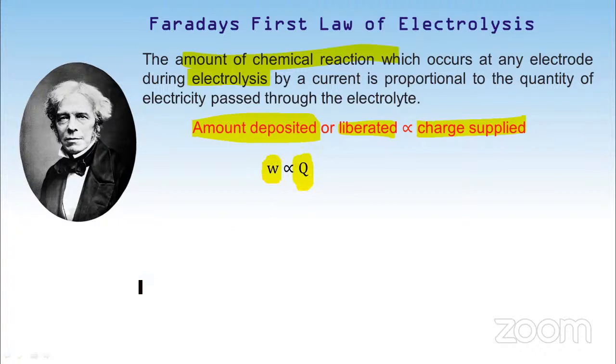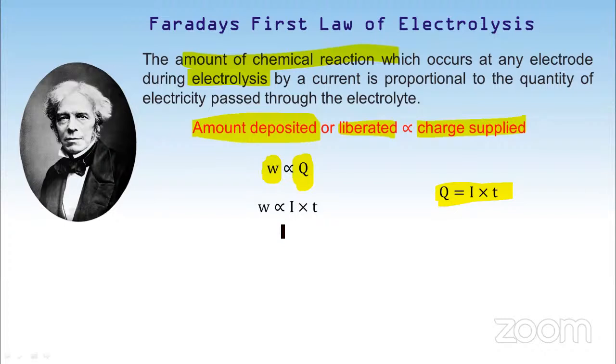We already know charge is nothing but current into time. Suppose 2 ampere current is passed for 30 minutes. Then the charge is 2 into 30 minutes, and you need to convert the minutes into seconds.